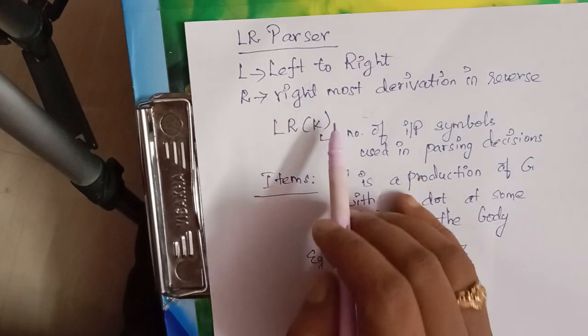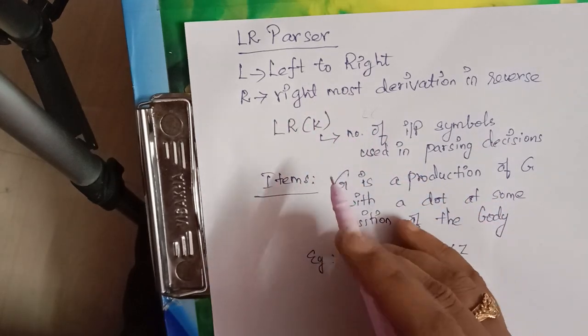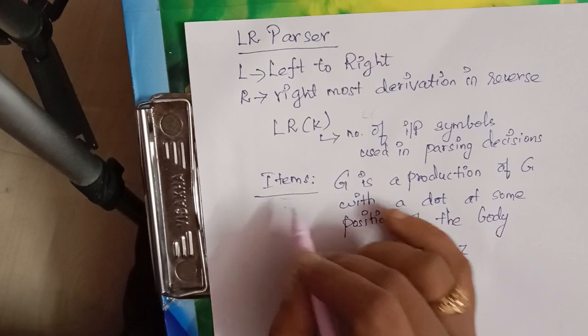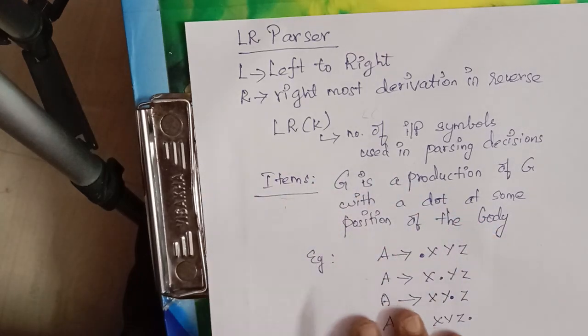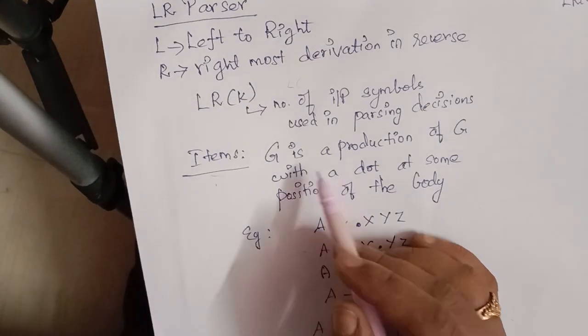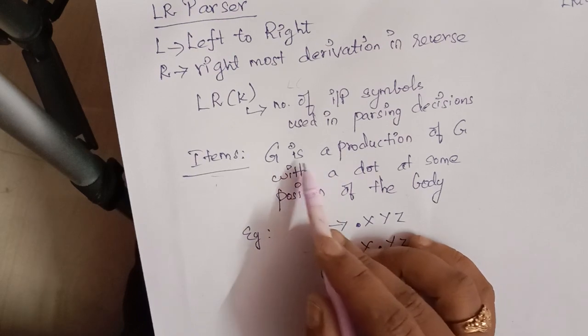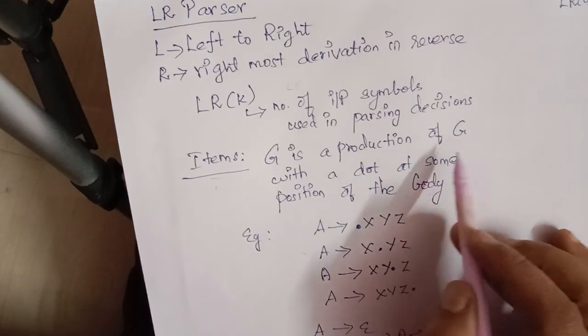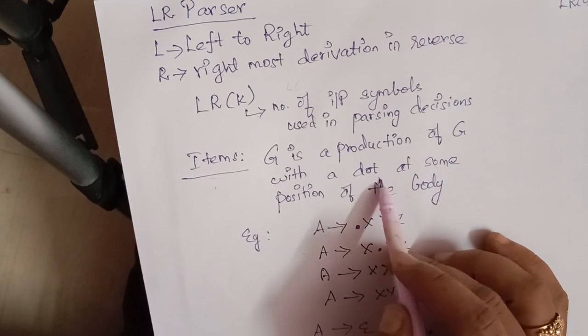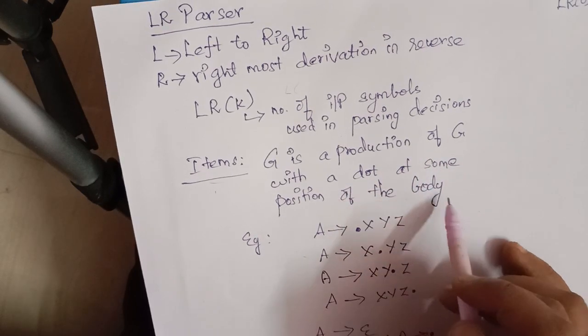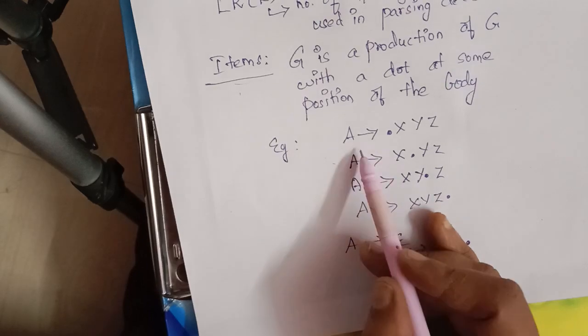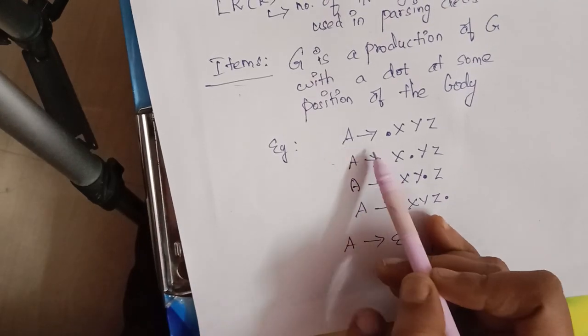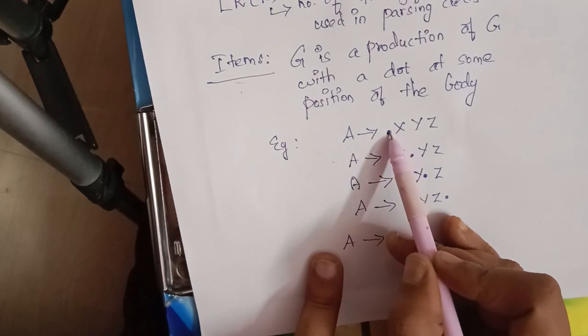So in LR parsing, you need to understand a basic term which is known as item. So what is meant by item? Given any grammar G, that G has some productions. The productions have a dot at some position of the body. For example, here A has some productions and it has a dot here.